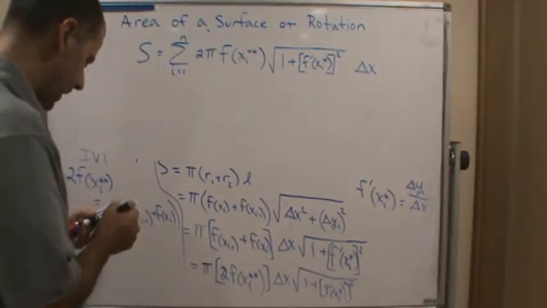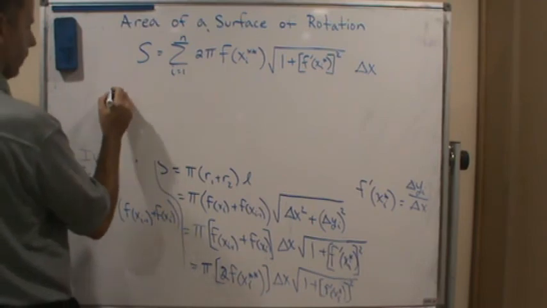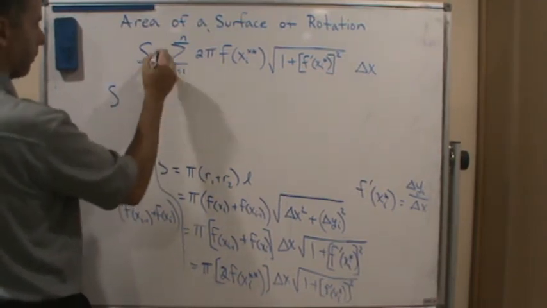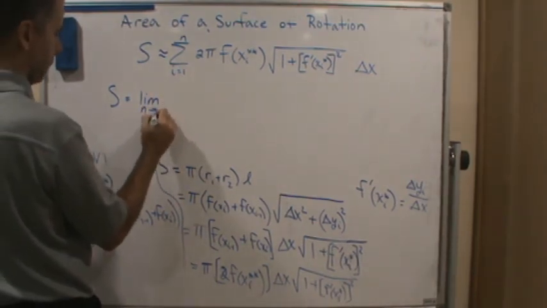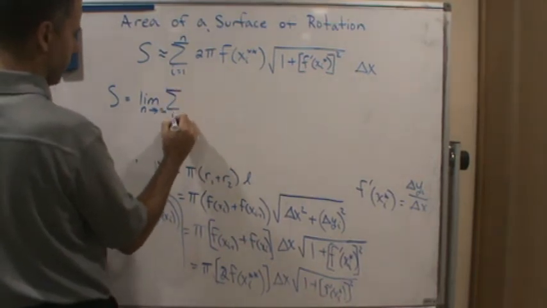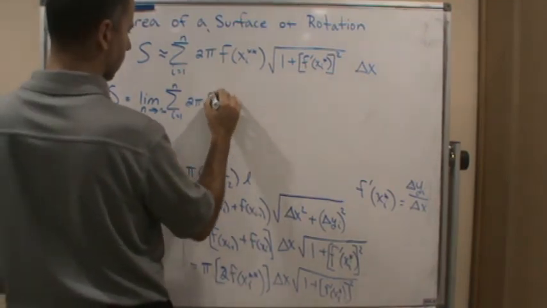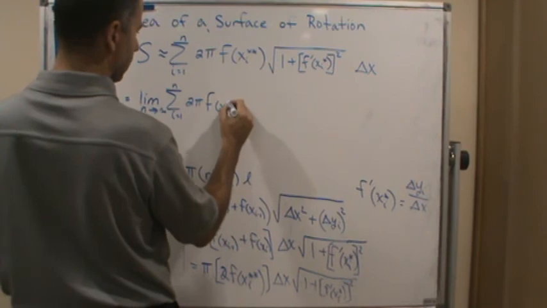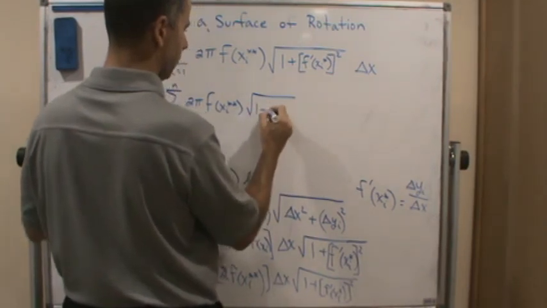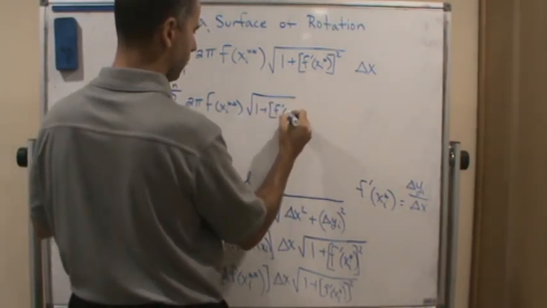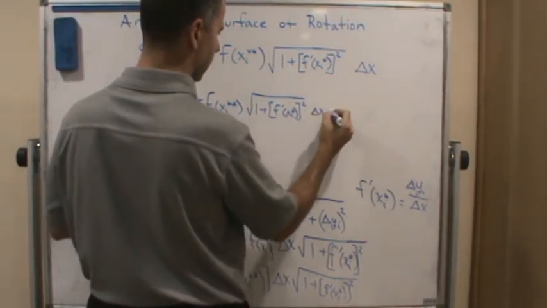So if we take the limit, right? So S, we'll say this is approximate, equals the limit as n approaches infinity of the summation of I equals 1 to n of 2 pi times f of x double star times 1 plus f prime of x sub I star squared delta x.